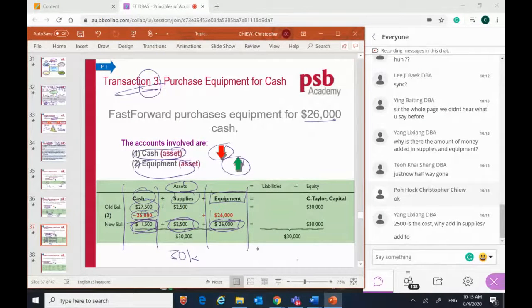We add in the supplies because these are your assets. We add up because we want to find your total assets. So in total we have $30,000 in assets. On the right hand side, owner's equity, your capital, we have 30,000. So this is equal. Okay, so far so good.